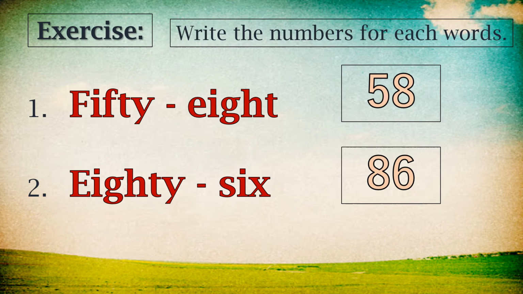Right, 8 is bigger. Why? Because 8 is equal to 80. 80 plus 6. Alright kids, again, number 1 is 58. Number 2 is 86.